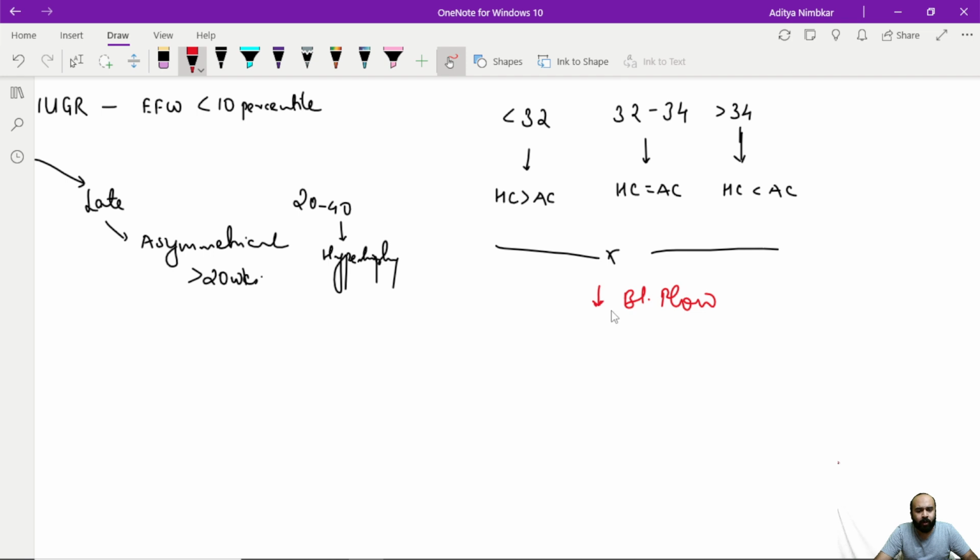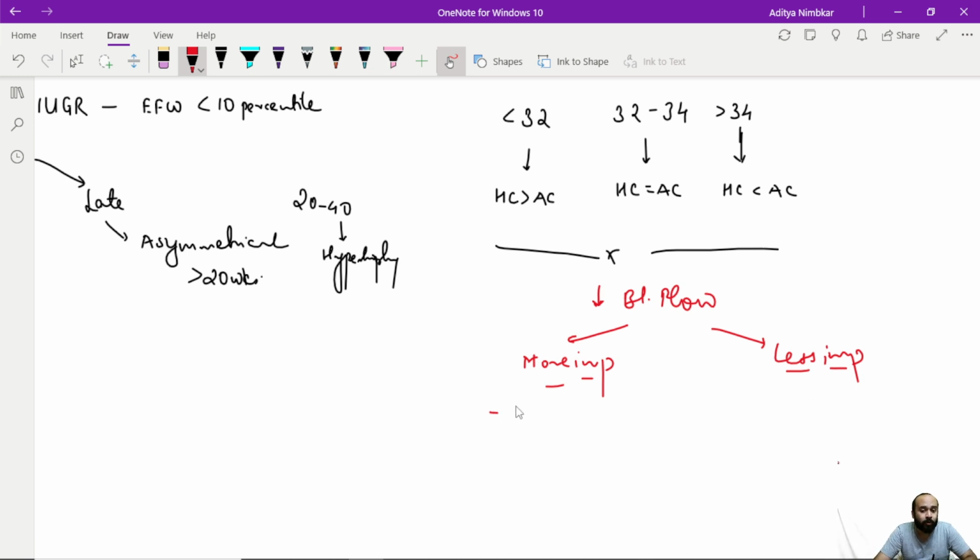So the fetal body will decide that now that I have limited amount of blood, I need to compartmentalize the more important organs and the less important organs, so that the more important organs receive more blood, or all the blood in comparison to the less important organs, which can be salvaged later on.